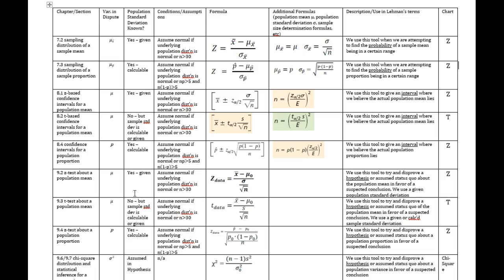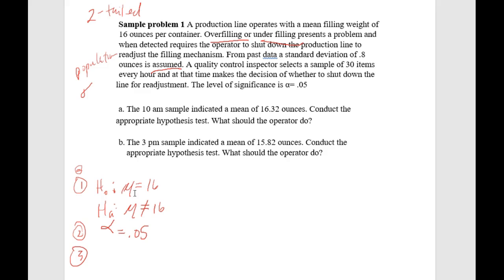So what are we looking at? We're looking at mu, so we're looking at a population mean. We automatically know we're not going to be using population proportion, and we automatically know we're not going to be using chi-squared because we're not looking at variance. So we're either going to be using the z-test about a population mean from 9.2 or the t-test about a population mean from 9.3, which the formulas are shown here.